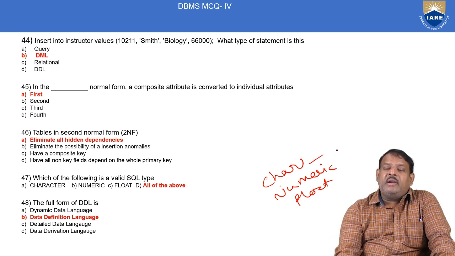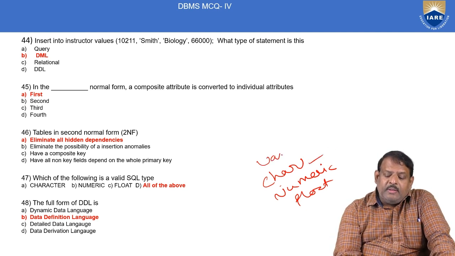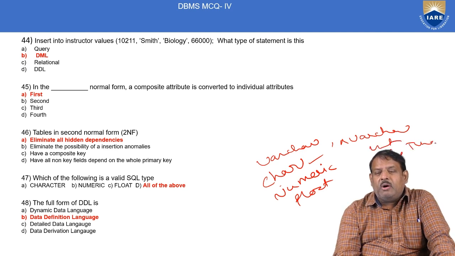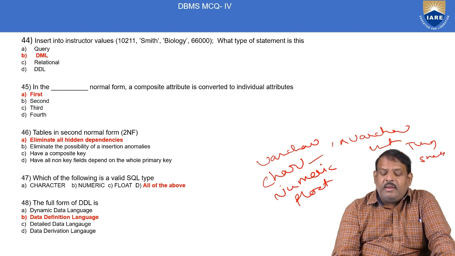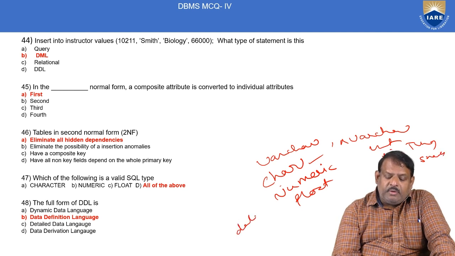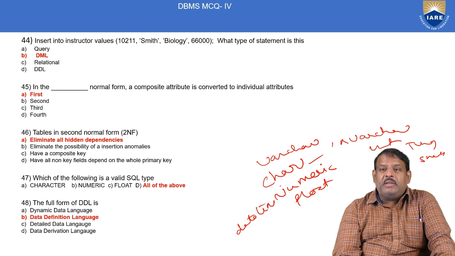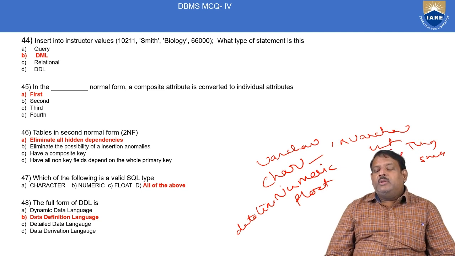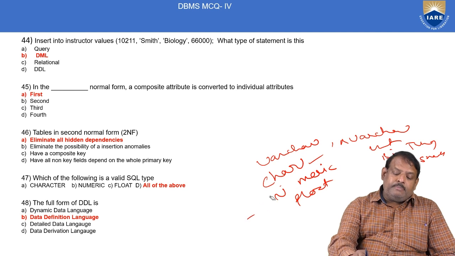The other data types could be varchar, then nvarchar, and we have int, bigint, tinyint, smallint. Then we also have the datetime data type. These are the various possible data types. So what is the purpose?